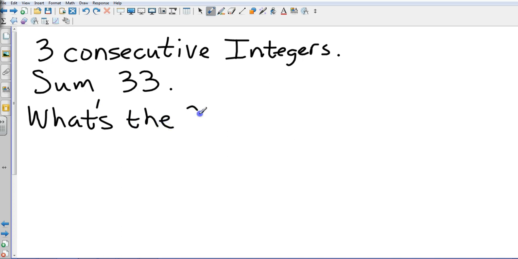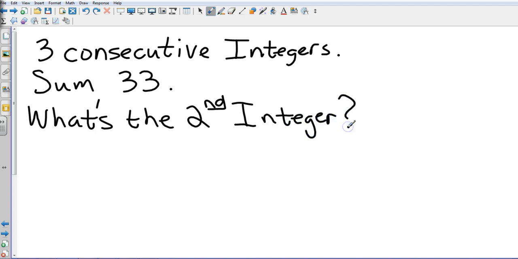My question is, what's the second integer? Okay? There are 3 consecutive integers whose sum is 33. I don't want to know what the first one is. I don't want to know what the third one is. Your answer is going to be the second one.